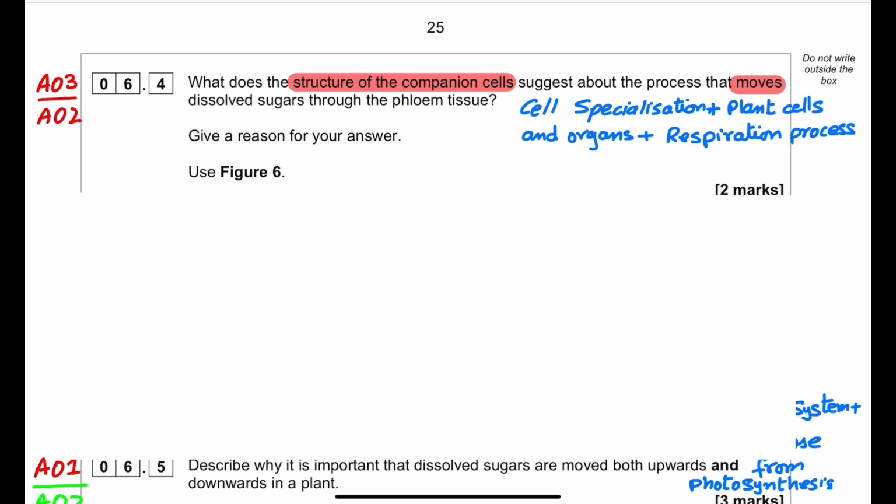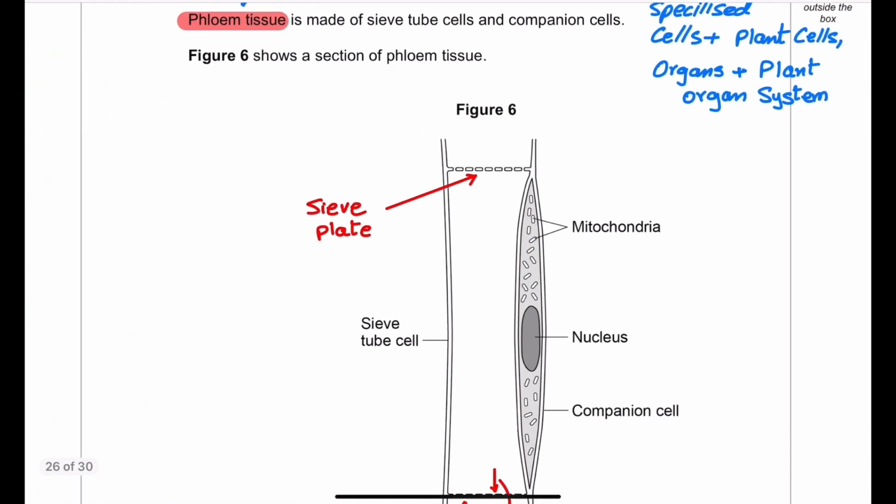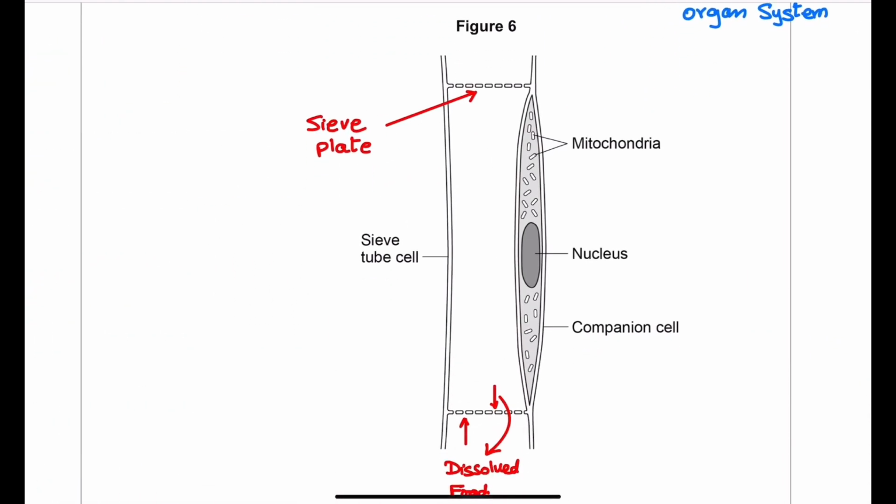If we go back to figure number 6, from figure number 6 we can see this is a companion cell, and there is a large number of mitochondria present here. The mitochondria's job is to produce energy, and the sieve tube cells, they need energy.